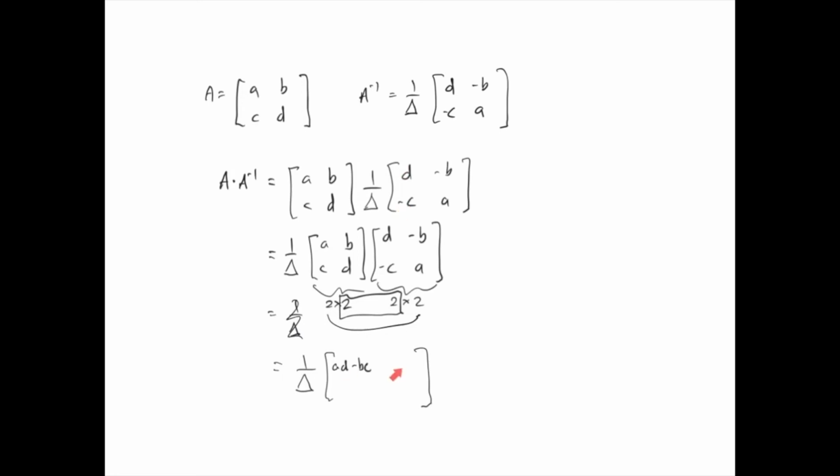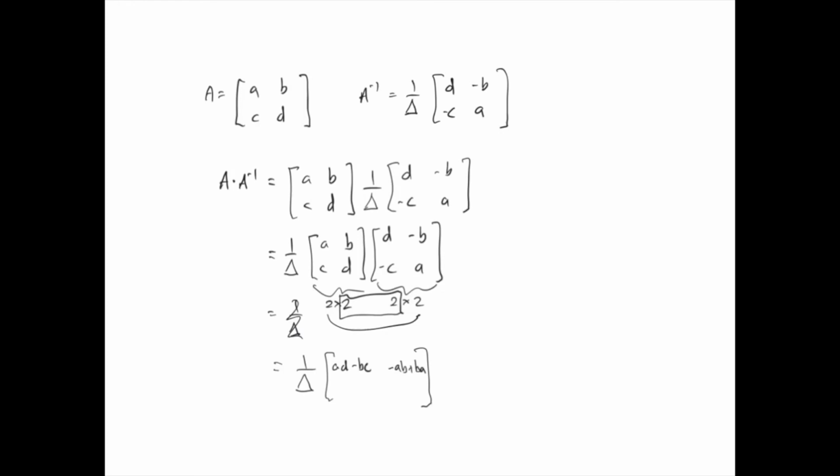Then let's figure out the entry in the row 1, column 2 position. So I need to take row 1 here, dot it with column 2 there. So A times negative B plus B times A, so minus AB plus BA, but you see that that's going to be 0.